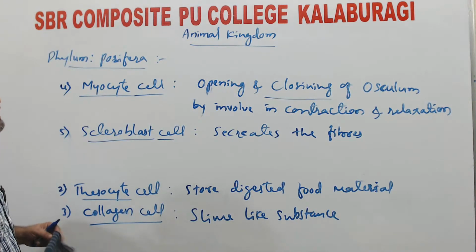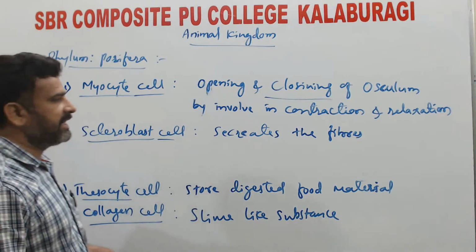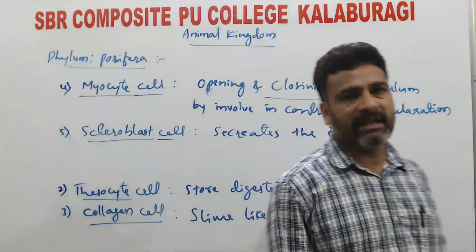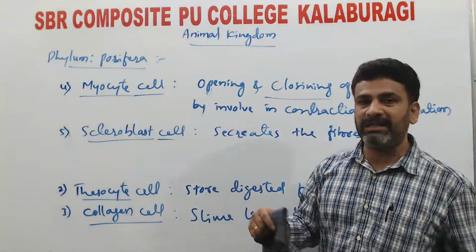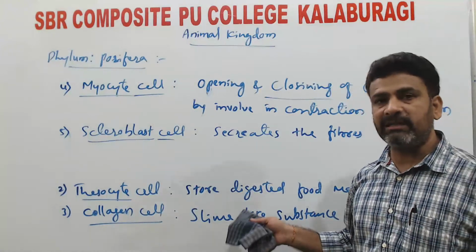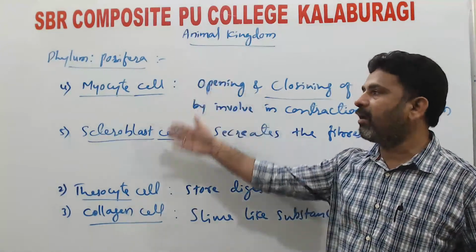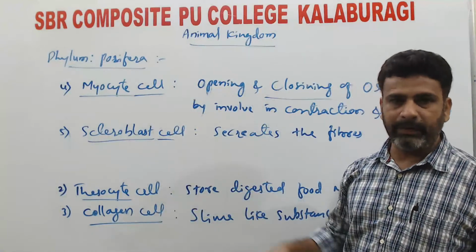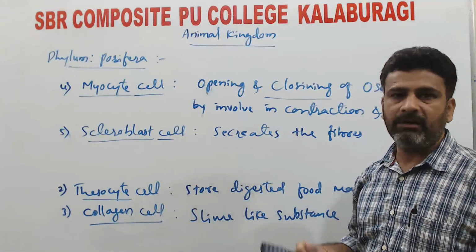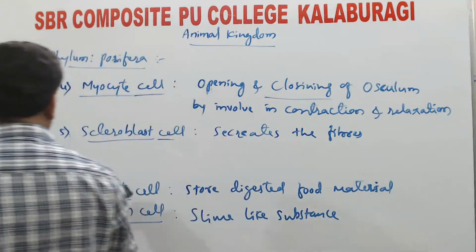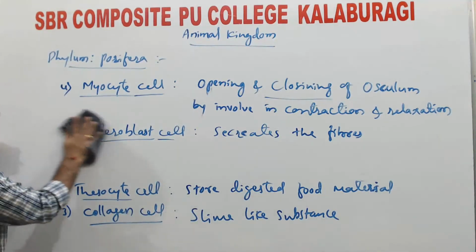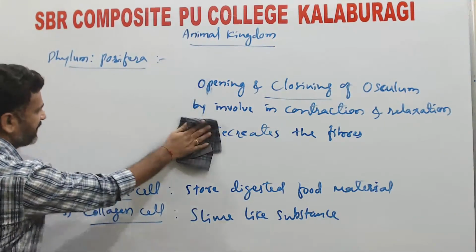So these are some of the different types of cells. These are mainly derived from the archaeocyte cells. That means archaeocyte cells produce daughter cells, and these daughter cells get modified into all these different types when they reach the different parts of the colony. So these are some cells present in the poriferans.